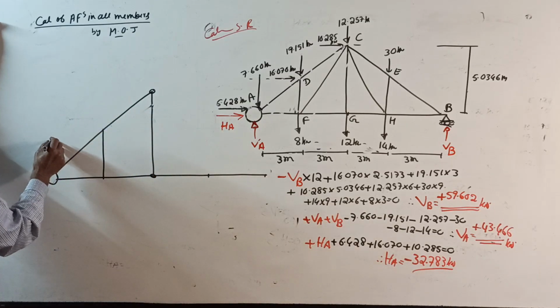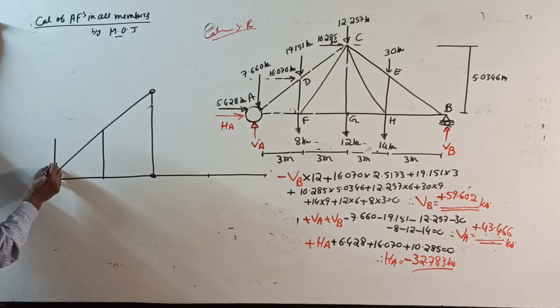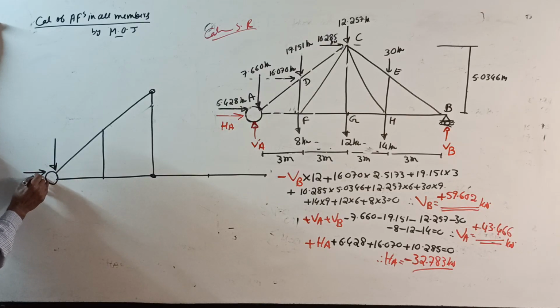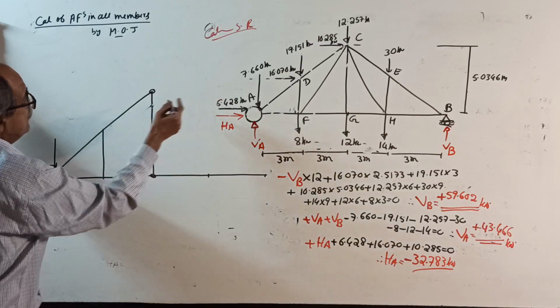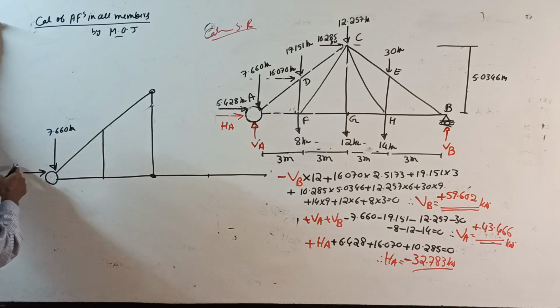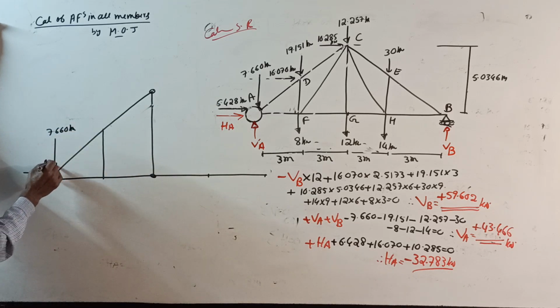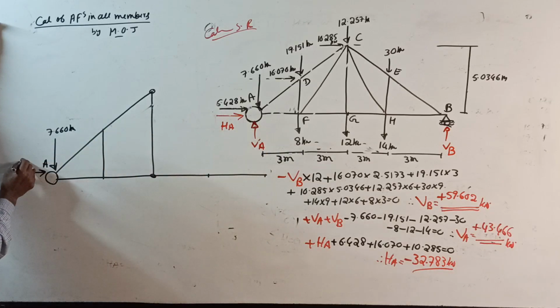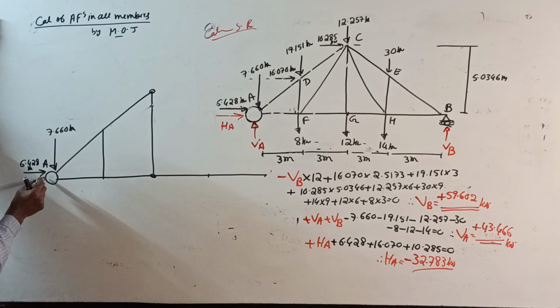See, this vertical component here, and the horizontal component of the forces. How much is it? 7.660 kilonewton. This is the point A. Horizontal component is 6.428 kilonewton. And later, HA we got negative, it is left side.